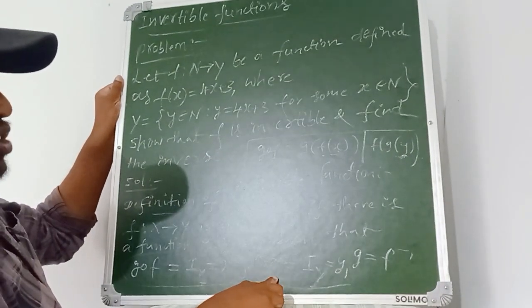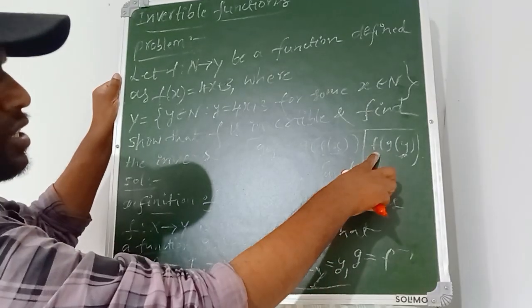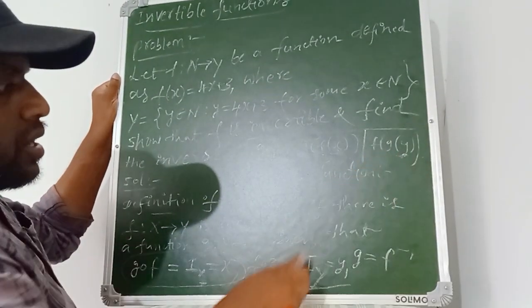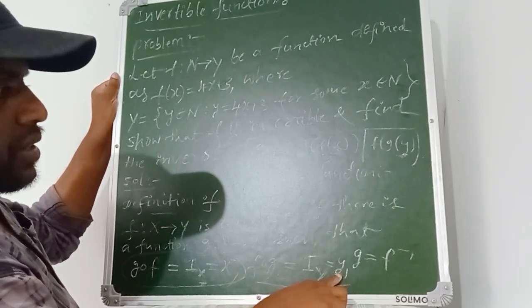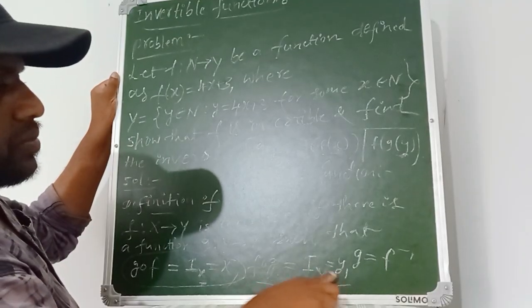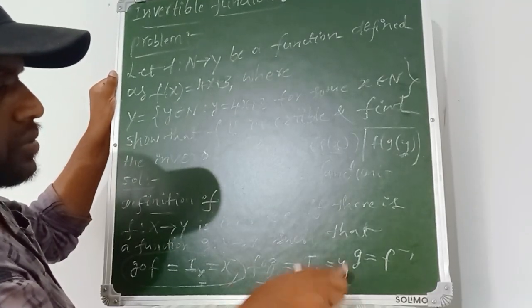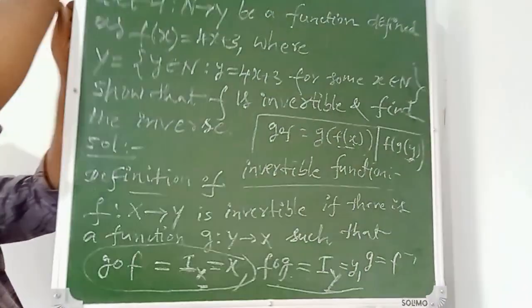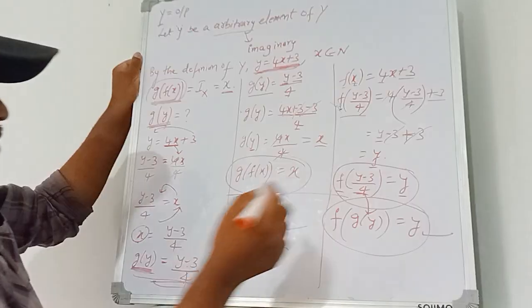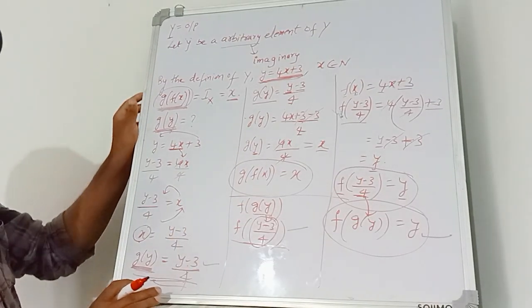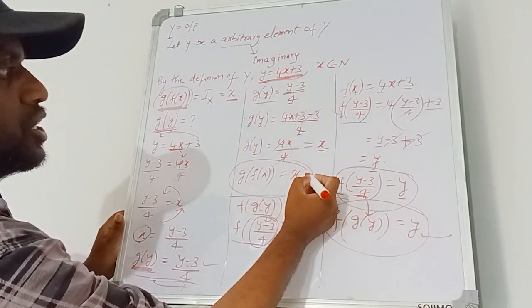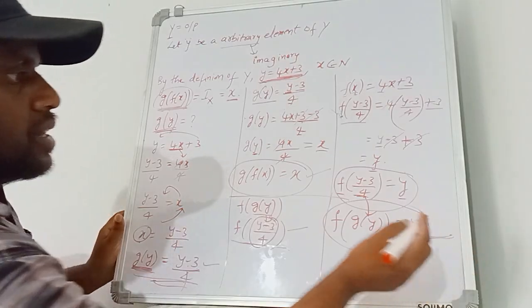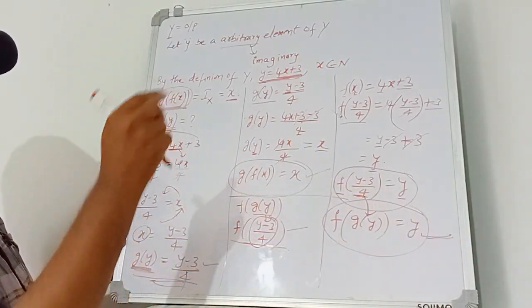This one, f naught g, is equal to f of g of y, and that should be equal to y, small y, Iy is equal to small y. So we proved two conditions, this one and this one, according to the definition.